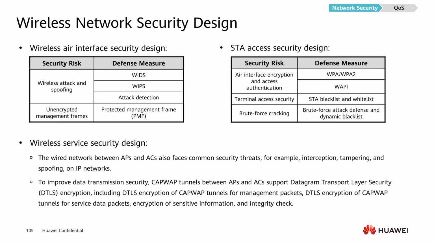For the wireless air interface security design, you can use WIDS, WIPS, attack detection, and PMF. For example, the WIDS can detect rogue and interfering APs, bridges, and STAs, as well as ad hoc devices.